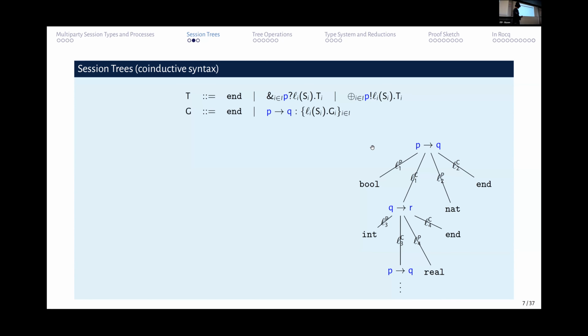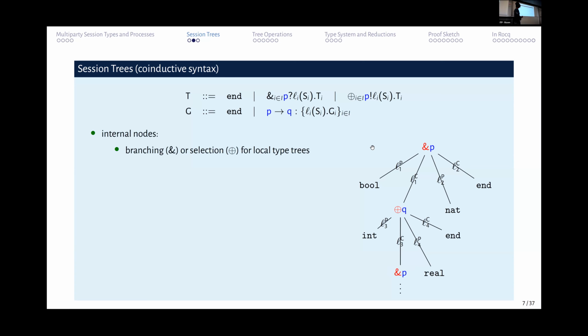So what is the difference? It's only this: you have the communication from P to Q globally described. If you look at this tree, it is a very uniform representation. First, an internal node is represented by ampersand P or oplus P, and this is a local type.